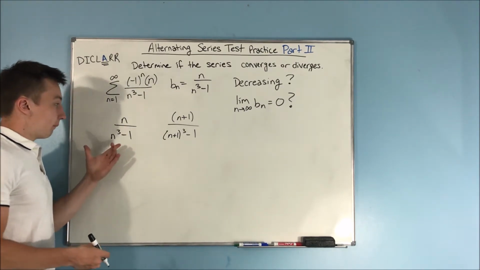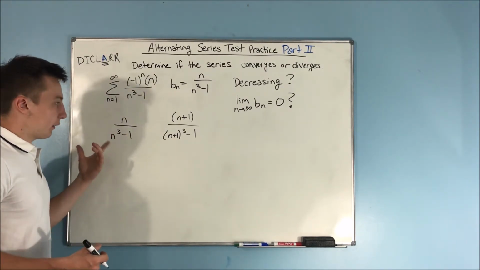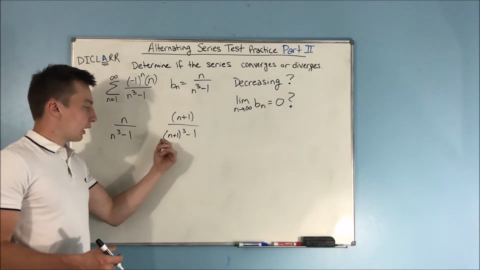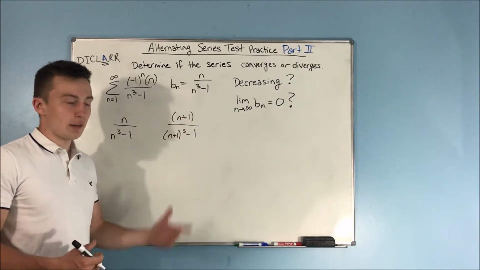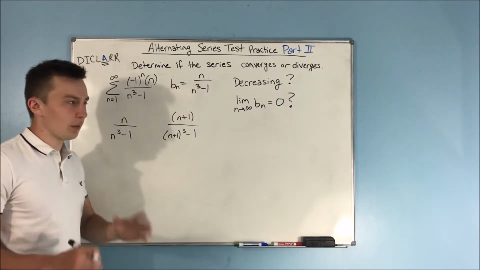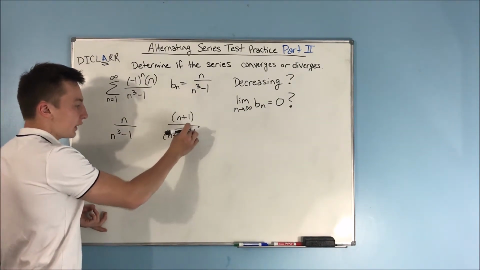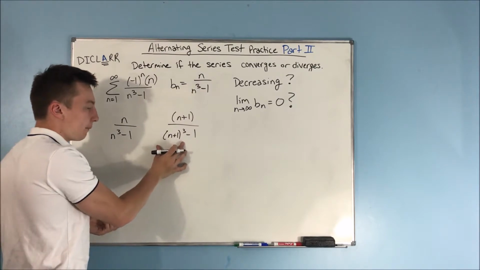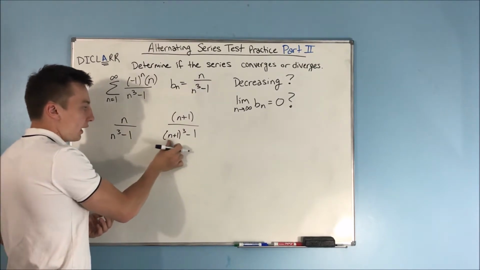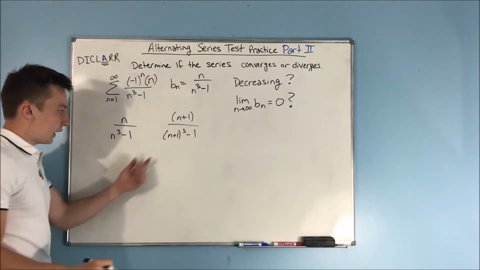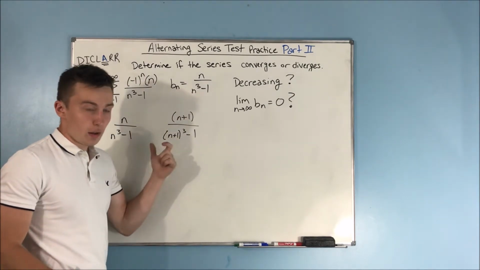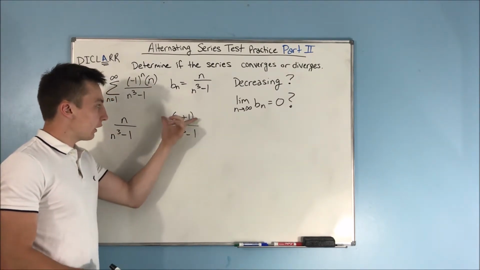Well, you can kind of see here that we don't even need to multiply that out, because since this is cubed on the bottom, if you put any change in this n, adding 1 here, there's going to be a lot more of a change than on the top.